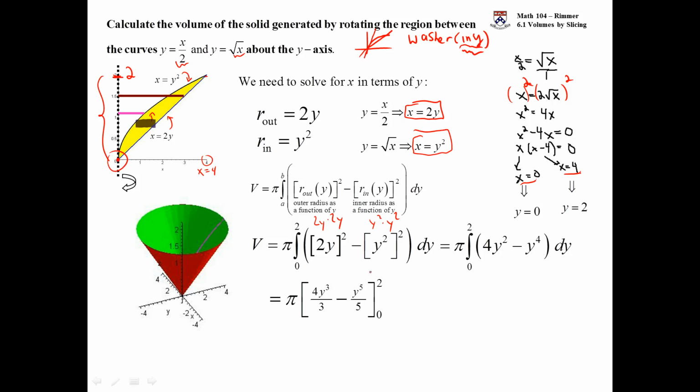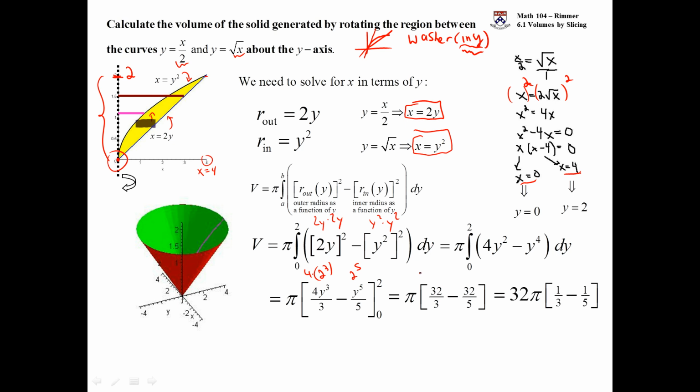And so we plug a 2 in, and we're taking 2 and cubing it to get 8, times 4 to get 32. But then watch, when we take 2 to the 5th, we also get a 32. So we get 32 over 3 minus 32 over 5, and plugging in 0 gives us 0. To finish this out, we don't want to make a common denominator of 15 yet. We recognize these 32's are in each of these, so we factor out the 32.